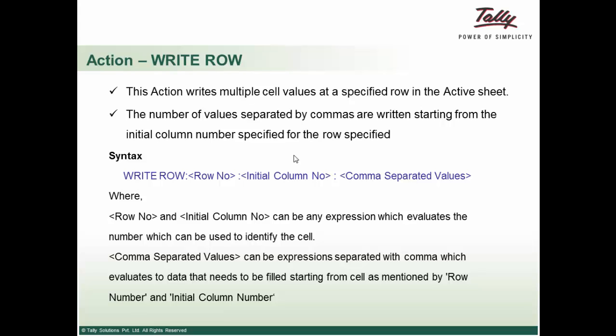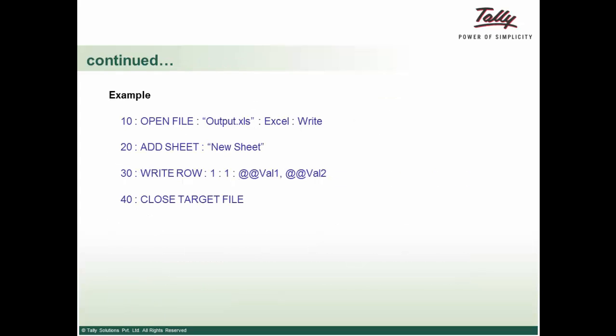So this is where it comes into the picture. You provide a static row number and an initial column number, and you can provide values separated by commas. So you write row number, initial column number, and two values. It will be written in row 1 column 1 and row 1 column 2.